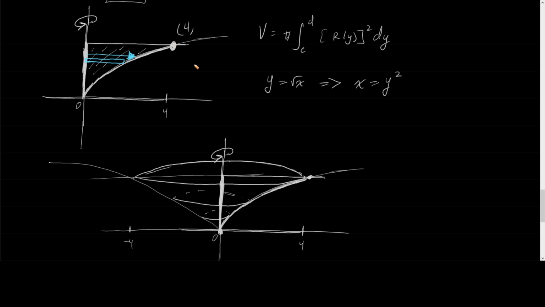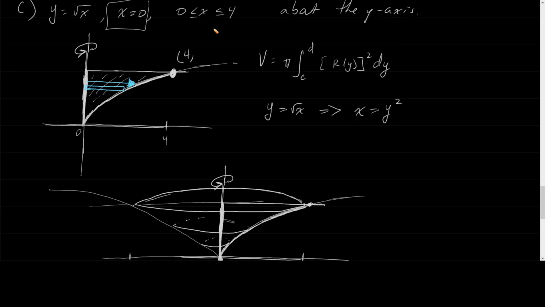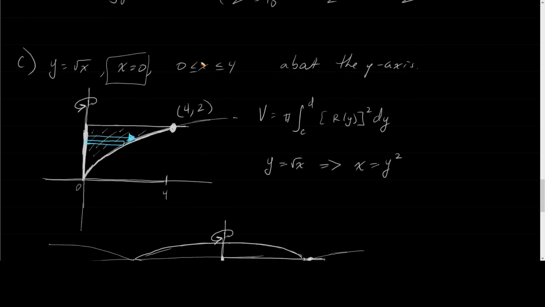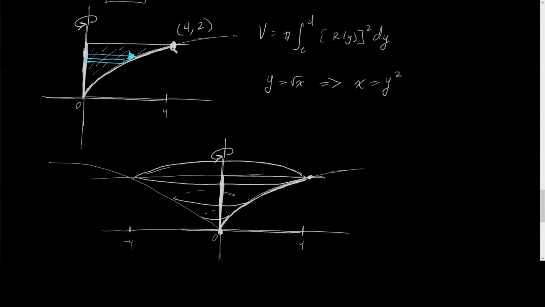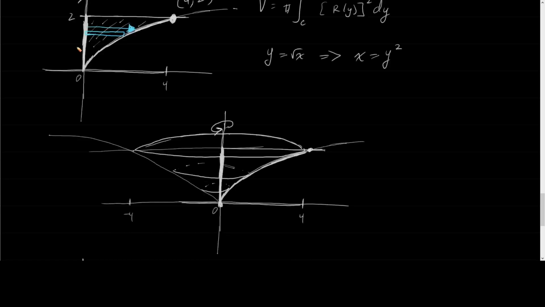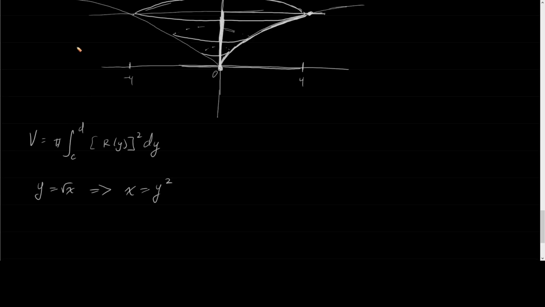Well, the x value is 4, but the y value, I can plug it into this curve, which was square root of x, right? And that gives me the point 2. So that tells me that this height is at 2. So now, that tells me the upper bound.